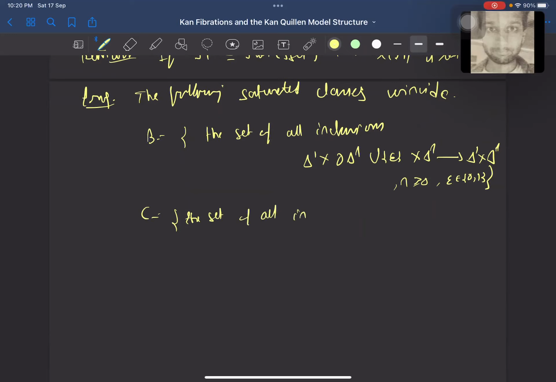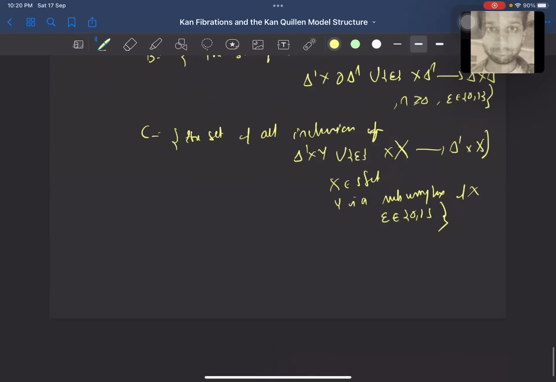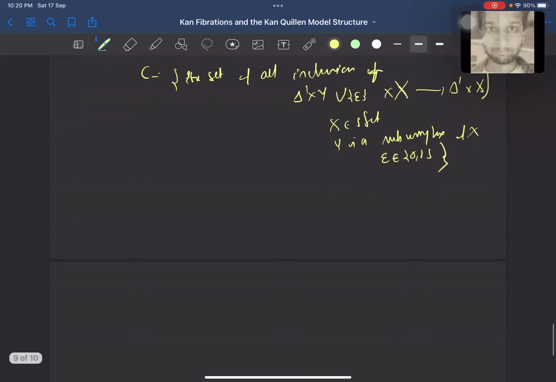The set of all inclusions X to Y, where X is a simplicial set and Y is a subcomplex of X, and epsilon as usual is on Y. Done.